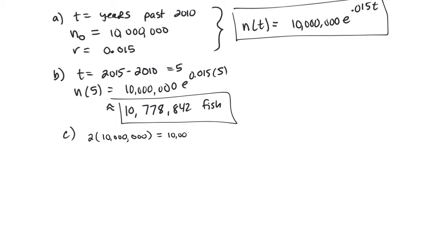So we're going to have 10 million times e to the 0.015t, and we need to solve for t. The first thing I'm going to do is divide by 10 million. That gives me that 2 is equal to e to the 0.015t. And now I'm going to take the ln of both sides.